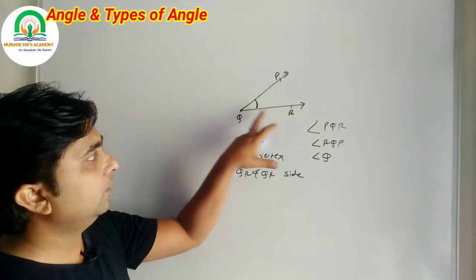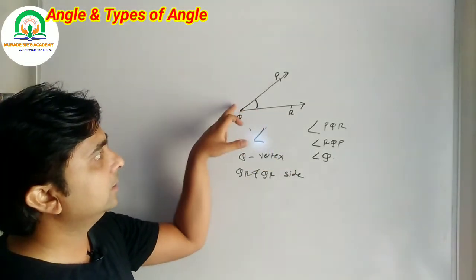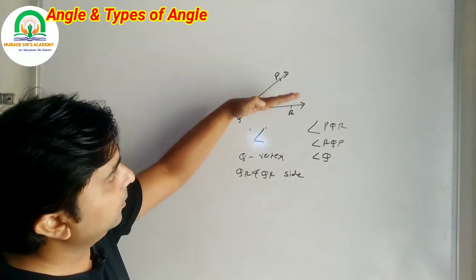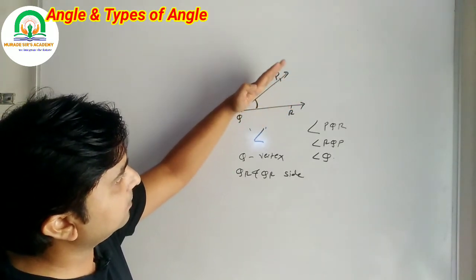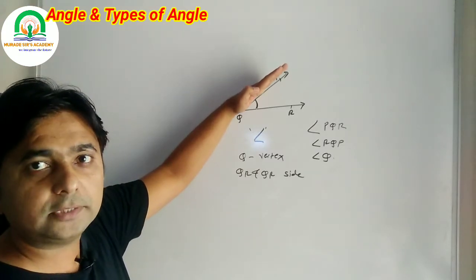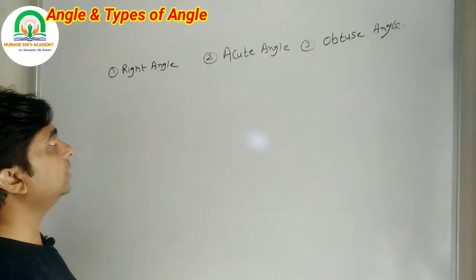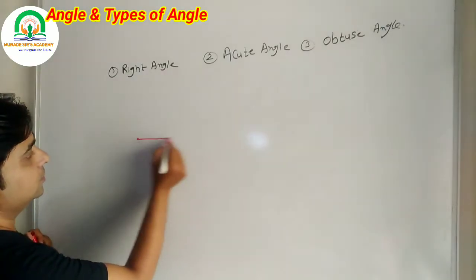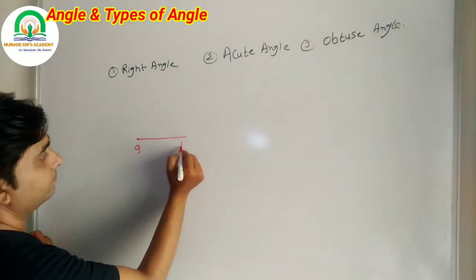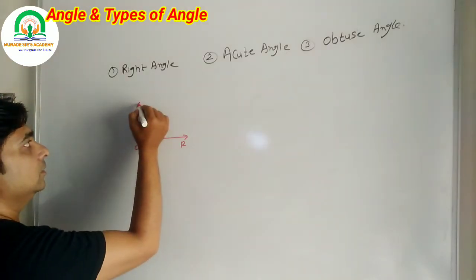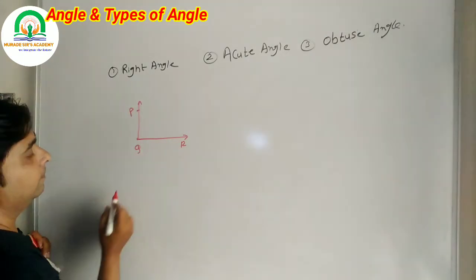Angle: this is one ray and this is another ray. Because of tracing of this other ray, some space is traced. This space is called an angle. First type is the right angle. This is the QR ray and this is the PQ ray.